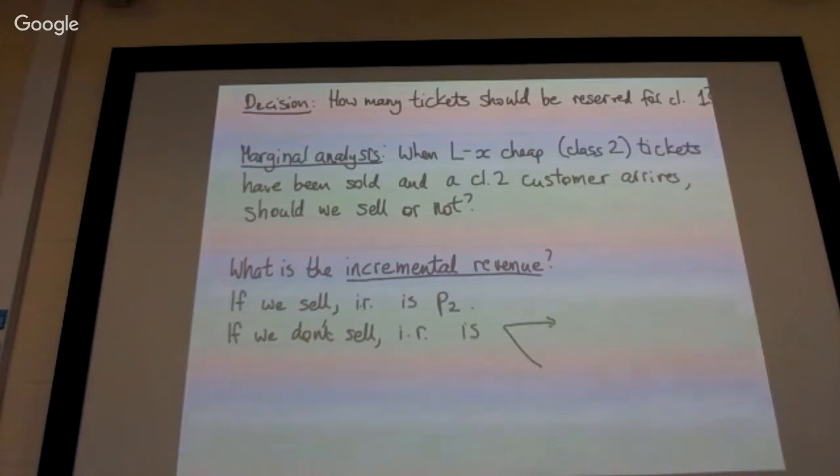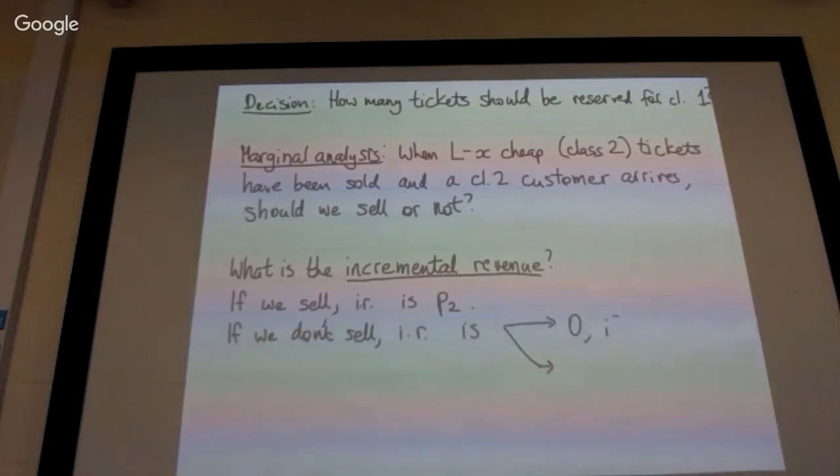I'll do it the common way, the 2 arrows. So if we don't sell this particular seat for the cheap price, there are 2 possibilities. Either there will be enough class 1 customers who will buy this particular seat, or there won't be. And if there are not enough people who want it at the more expensive price, then we're earning nothing.